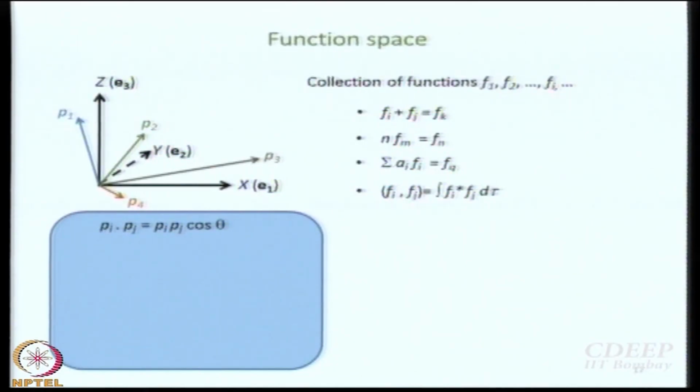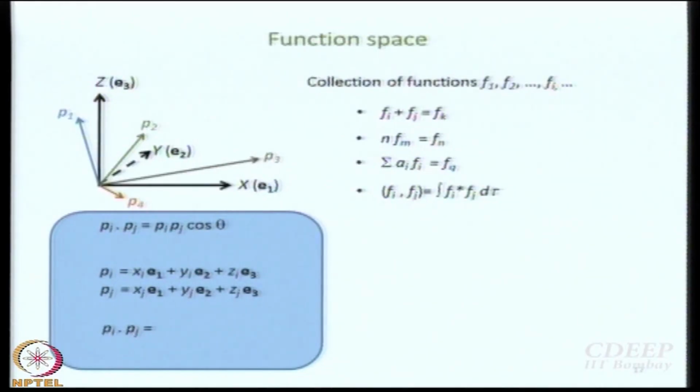So, let us work this out for the position vectors. To help you, I will write this: Pi equal to xi E1 plus yi E2 plus zi E3, and Pj is equal to xj E1 plus yj E2 plus zj E3. E1, E2, E3 are the base vectors, unit vectors along x, y and z directions respectively. Now, if you take the product, what do you get?